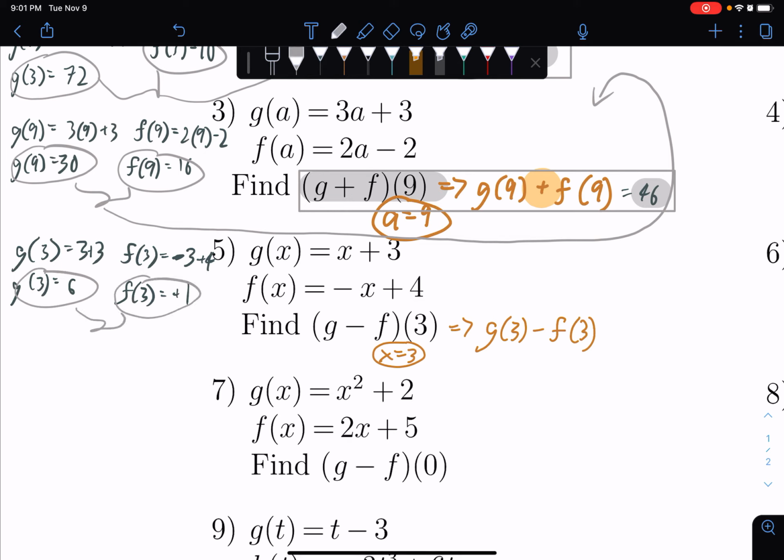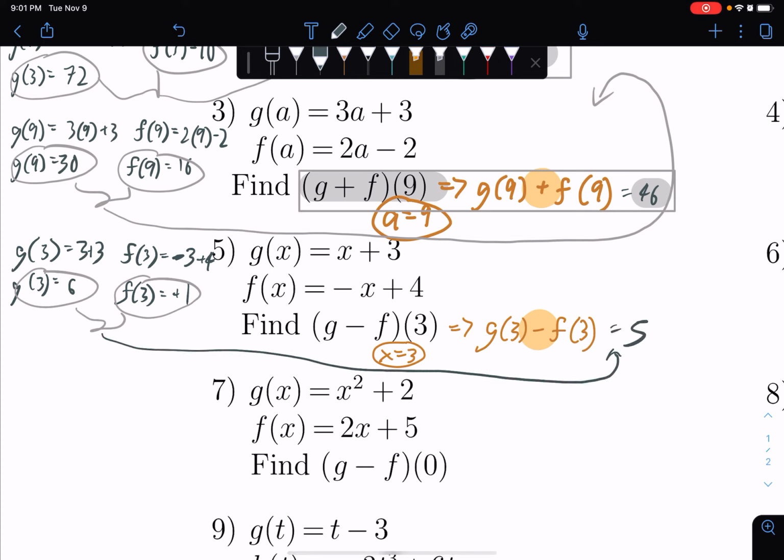So, our operation here, it's made clear that we have to subtract. So, basically, g of 3 minus f of 3 is, in other words, 6 minus 1. So, 6 minus 1 is 5. Let's place it here. It's equivalent to 5. That's our final answer. Why am I boxing this in a weird way?